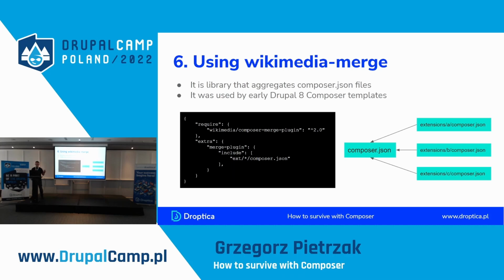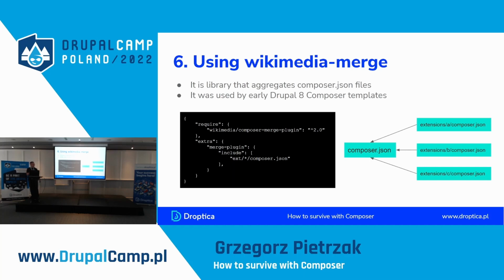This plugin is merging multiple composer.json files into one. You set which folders are to be searched, and everything is merged into one main composer.json file. And it was also used by Drupal, so this is why I'm talking about this. In early Drupal 8 Composer templates, we had Wikimedia Merge everywhere.